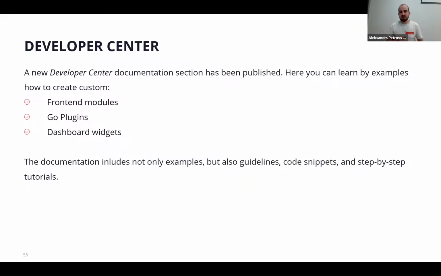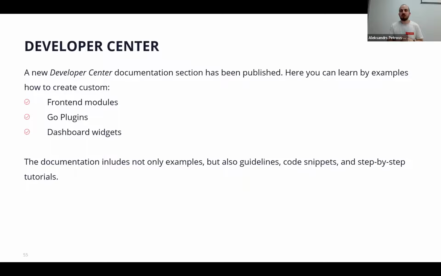But this still implies that you need to know how to create them. To make sure the information is out there for you, a new developer-centered documentation section has been published, and it will be updated.